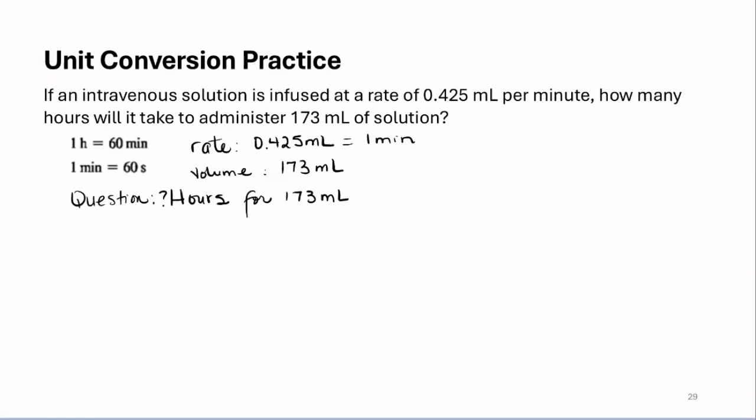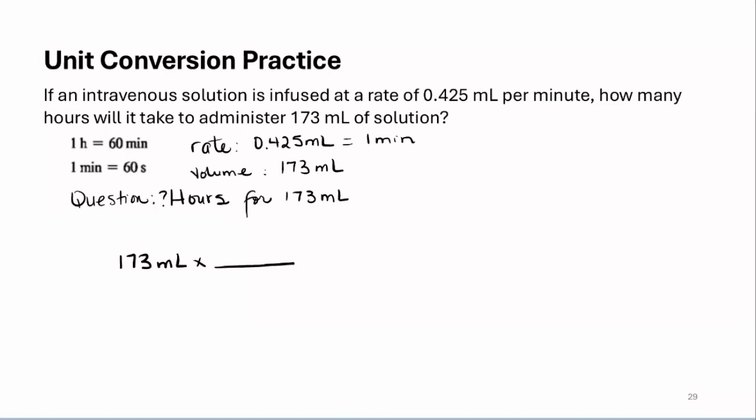In a problem like this, the first thing that we need to write down in order to set up our dimensional analysis is the volume that we have for the solution that needs to be administered. And in this case, it's going to be 173 milliliters. Next, we are going to utilize the rate that is given in the question as a conversion factor.